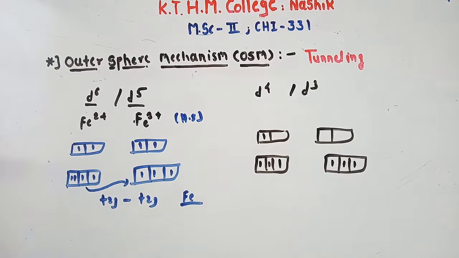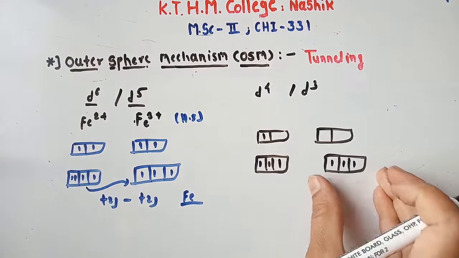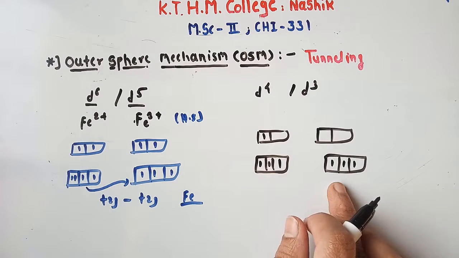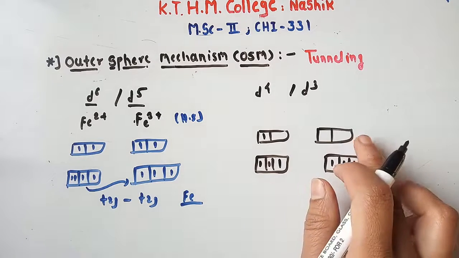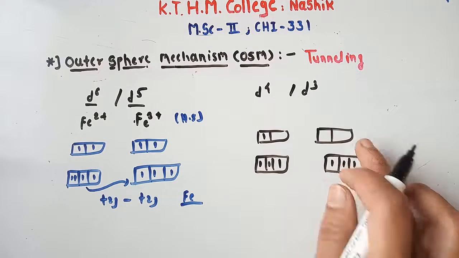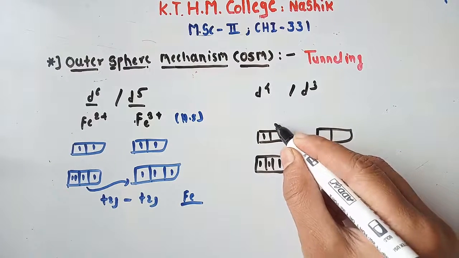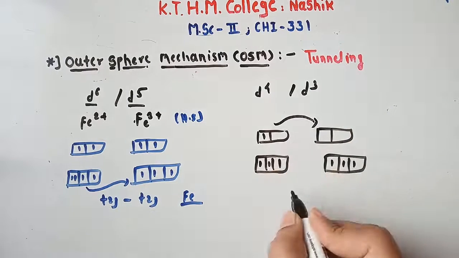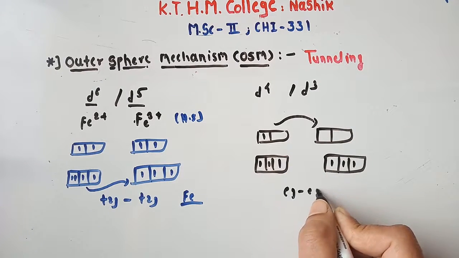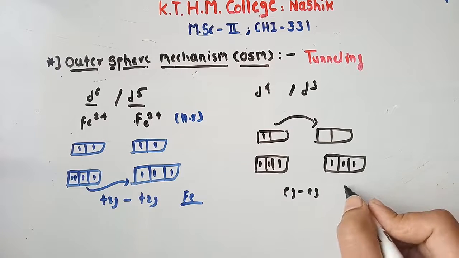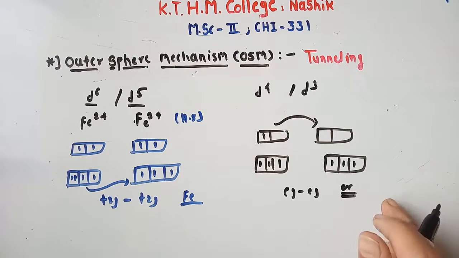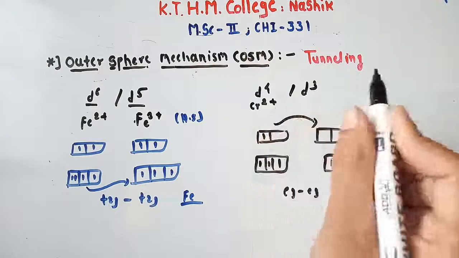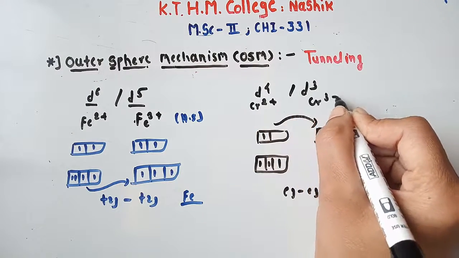Now see, this is more stable one, so the electron cannot transfer from T2G to T2G. So T2G to Eg is also not possible. So obviously there is transfer of electron from Eg to Eg, and all chromium complexes show such type of transition. So your complex is Cr2+ Cr3+.